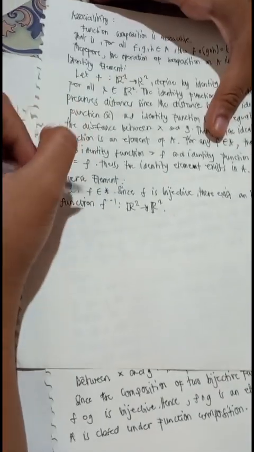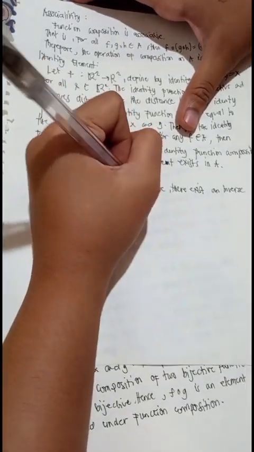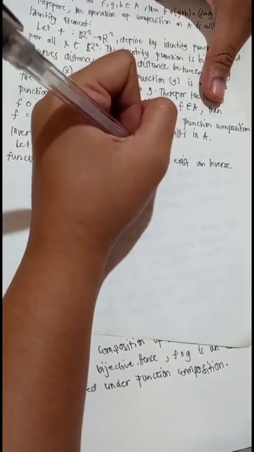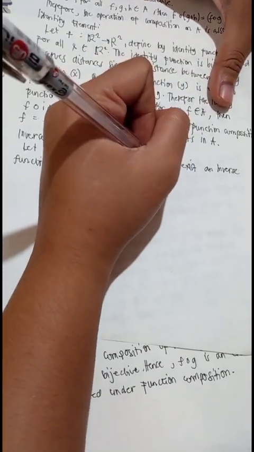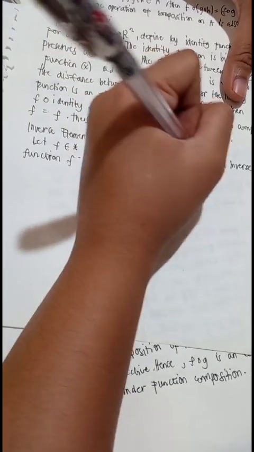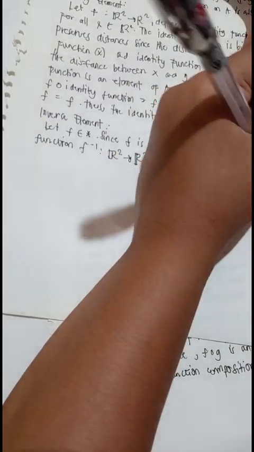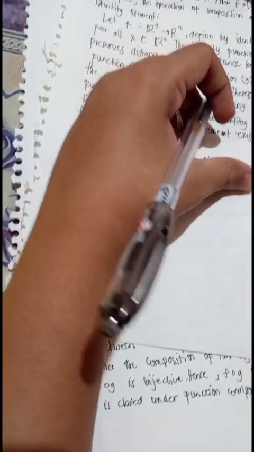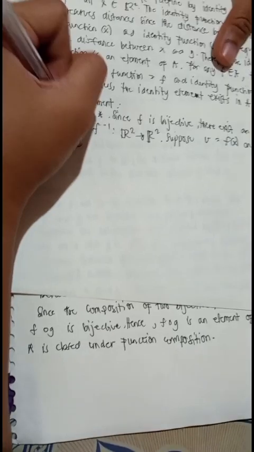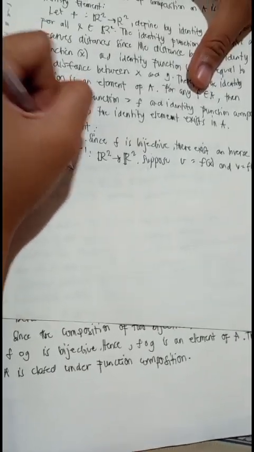So suppose u is equal to f of x and v is equal to f of y, where x and y are elements of R squared.